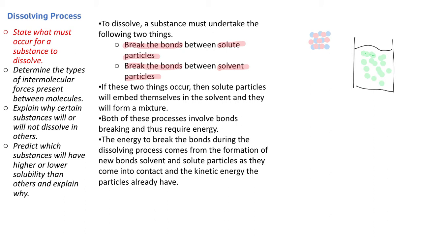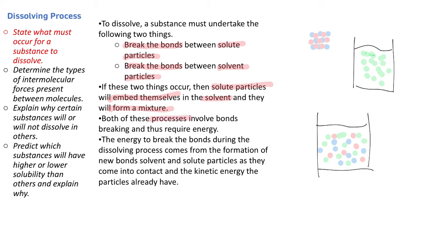I've got to separate these apart from each other, and separate the water molecules from each other, so that the solute particles slide in between them. If these two things occur, then solute particles will embed themselves in the solvent and form a mixture. Effectively you're sliding in like a ball pit. The solute particles are sliding in between the solvent particles.